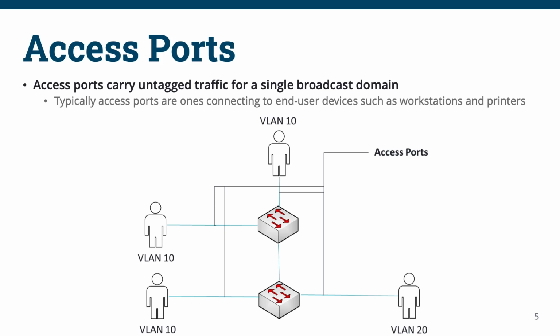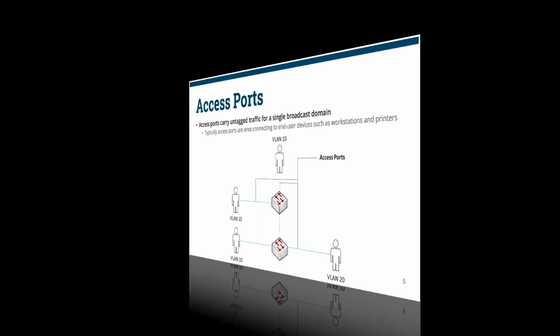Although in the case of voice over IP, where the user's computer connects through the phone and the voice and data traffic are carried over different VLANs, this is still considered an access port, even though it technically carries traffic over multiple VLANs. This just utilizes a feature called voice VLAN to carry the voice and data traffic over a single access port. Now, let's take a closer look at a trunk port.